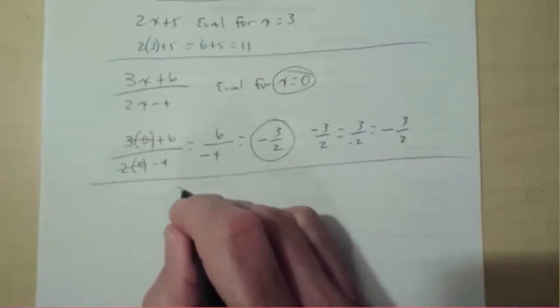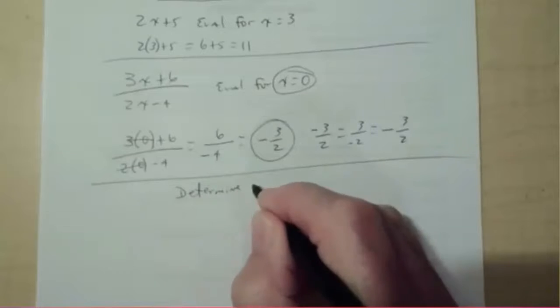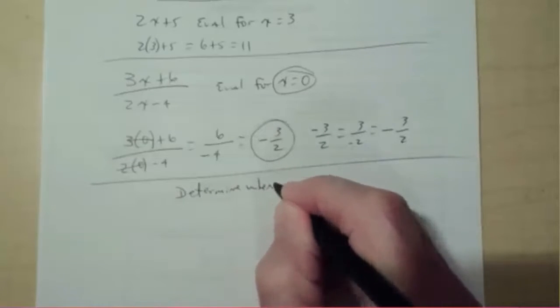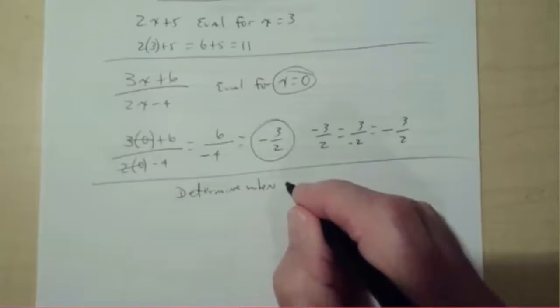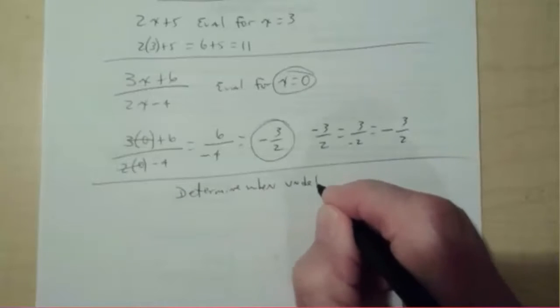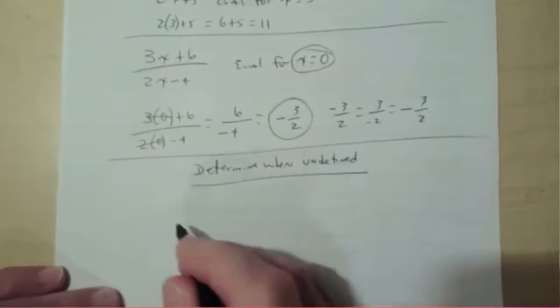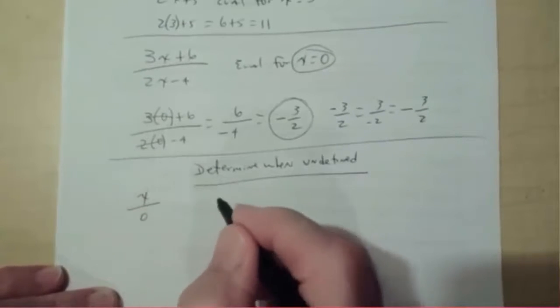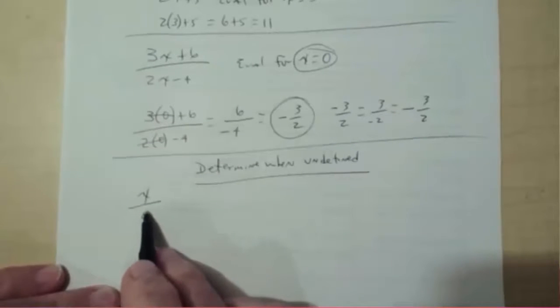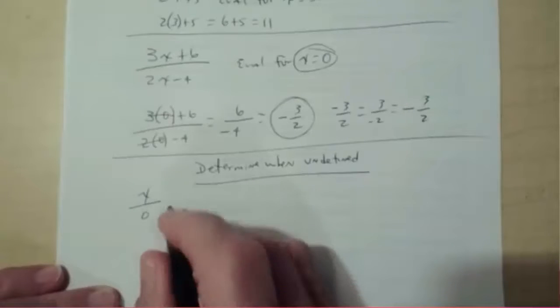Now determine when it's undefined. If you have any number with a 0 in the denominator, this is undefined. You cannot have 0 in the denominator. This is semi-important.